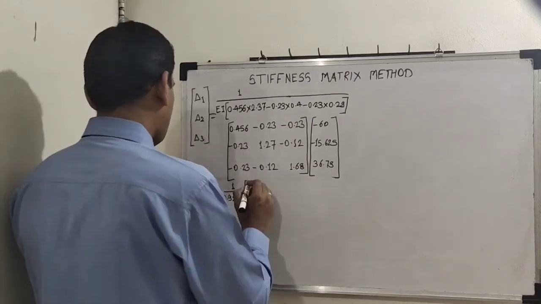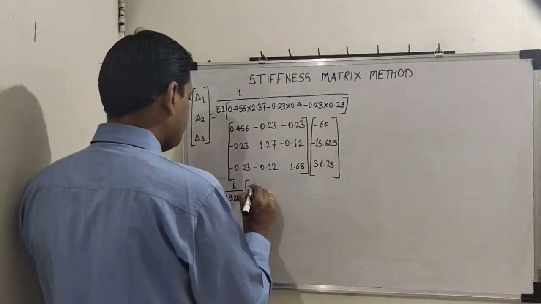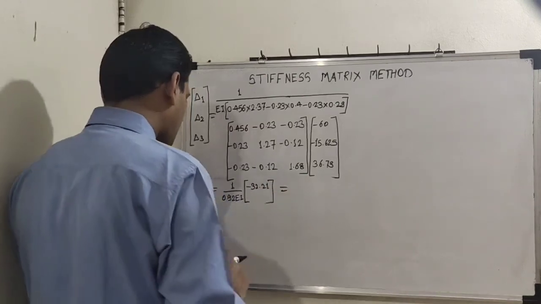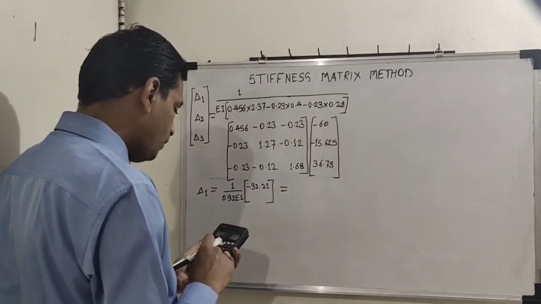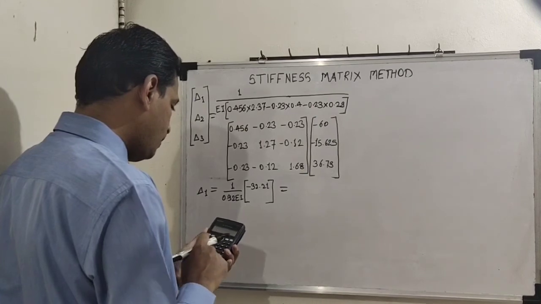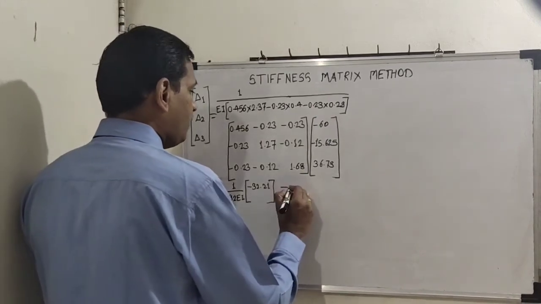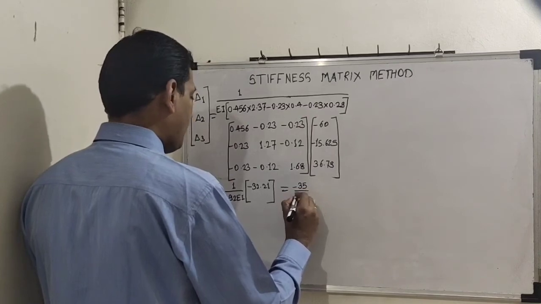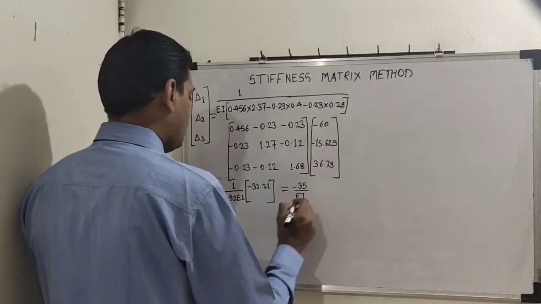So it is minus 32.21. So minus 32.21 upon 0.92. So it is minus 35 upon EI.